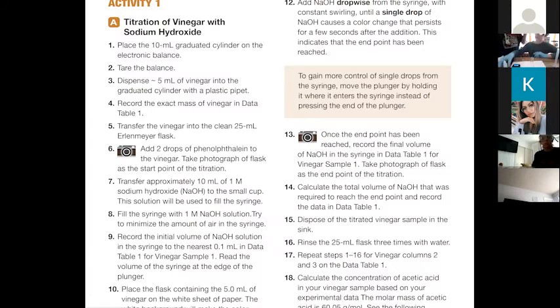Oh yeah, the indicator. Nothing would have changed. We would have known very quickly. So this time when we get down to around 6 mils, we'll slow way down.